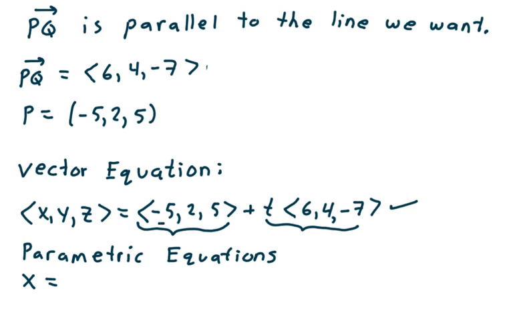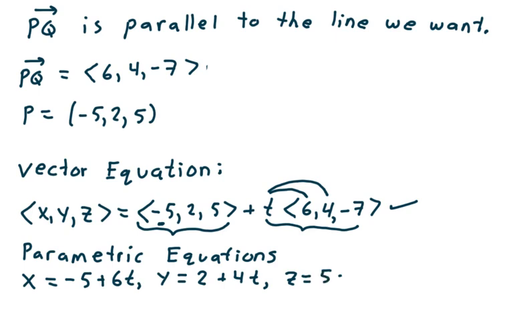On the right side, I take -5 and add 6t. So I equated first components. Then y equals 2 plus 4t. And then z equals 5 minus 7t. This is how we express the parametric equations for that line.